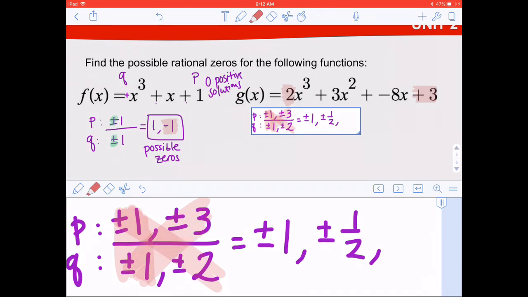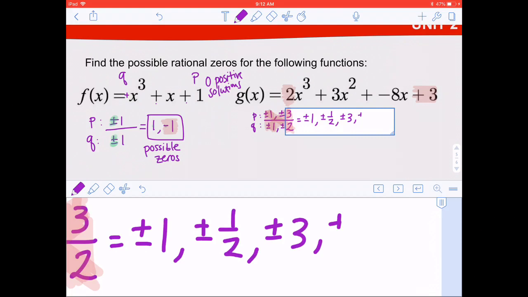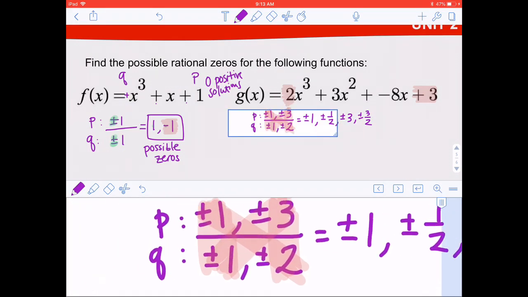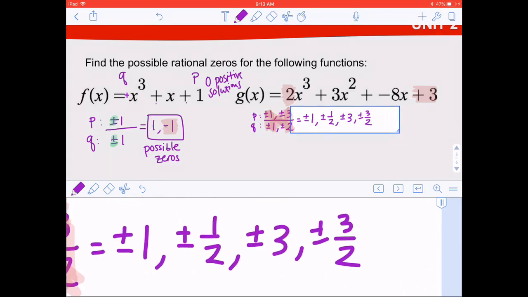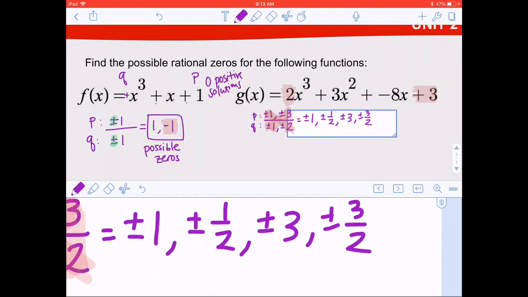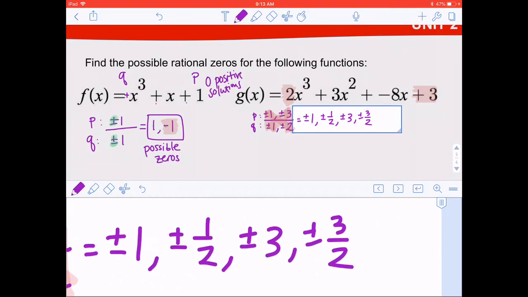Plus or minus 3 over 1, which is just 3. And then plus or minus 3 over 2. So you're doing all of the possible combinations of these 4 numbers. And it gives us our total number of possible solutions. So in total, we have 2, 4, 6, 8 possible zeros, because remember, plus or minus counts for 2. So we have 8 possible zeros.